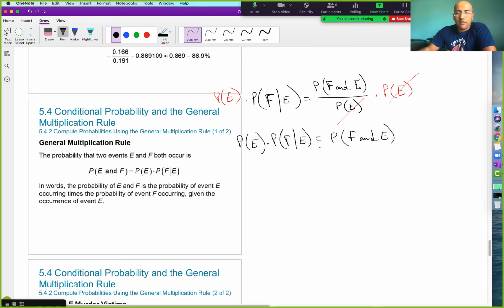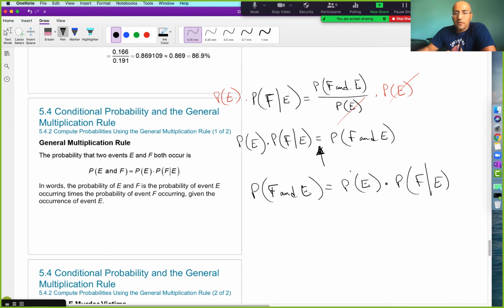So now I'm just going to flip it around, kind of a hinge here with the equal sign, and I'll write that the probability of F and E is equal to the probability of E times the probability of F given E, right? All I did is I flipped these around, or I read it this way.